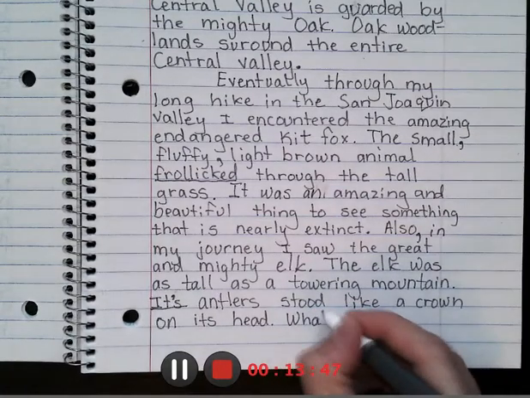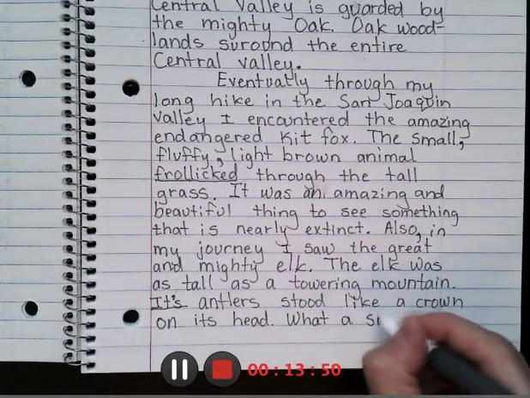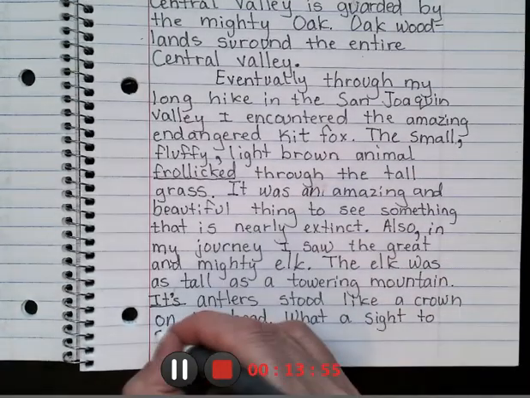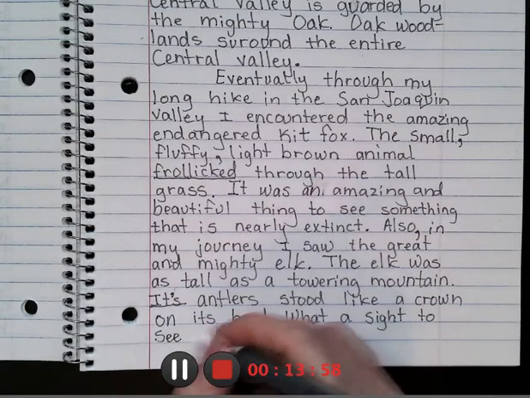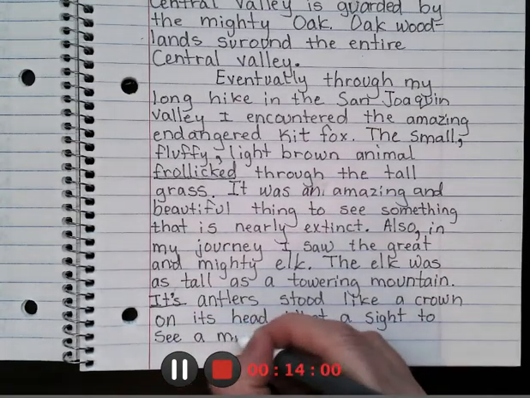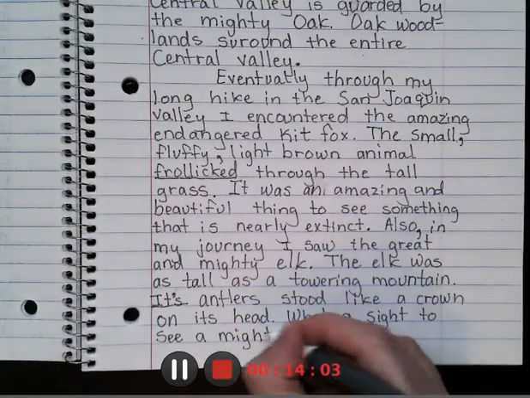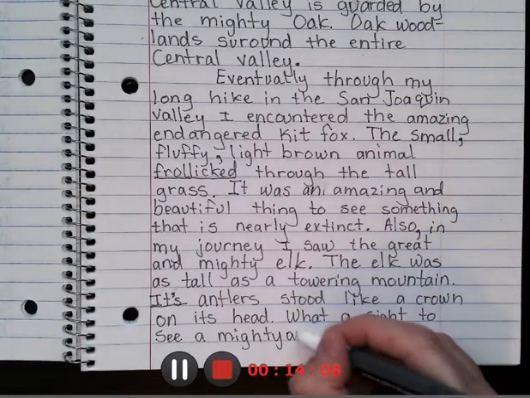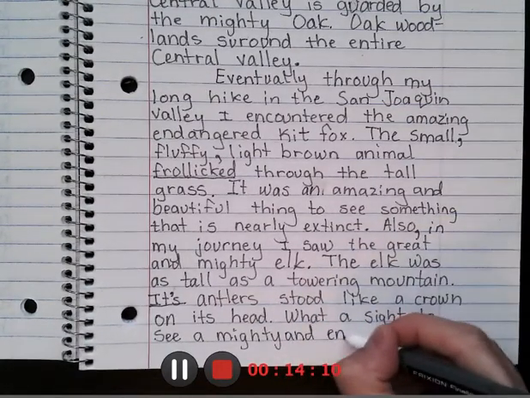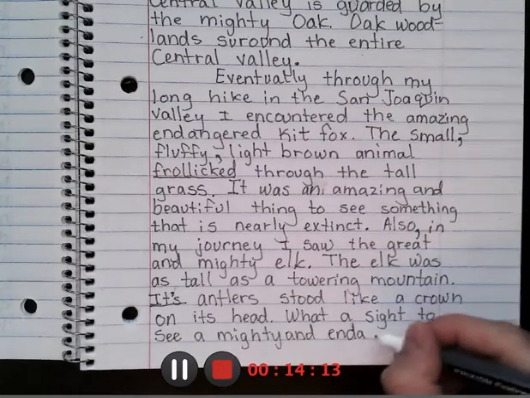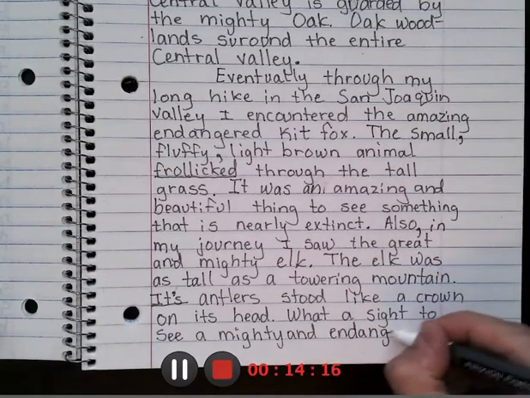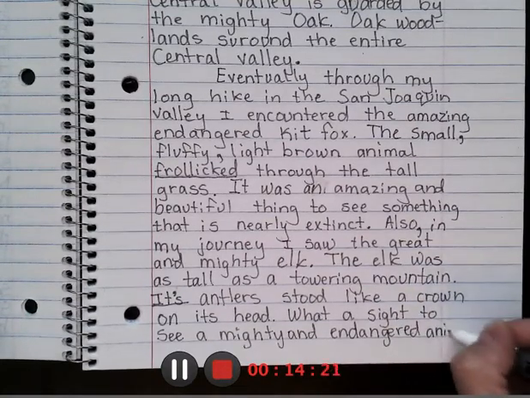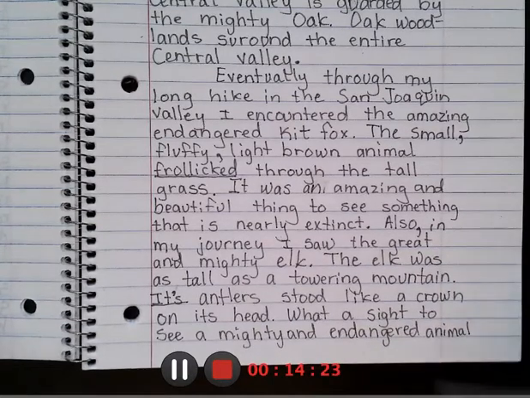What a sight to see a mighty and endangered animal, running out of room on my journey.